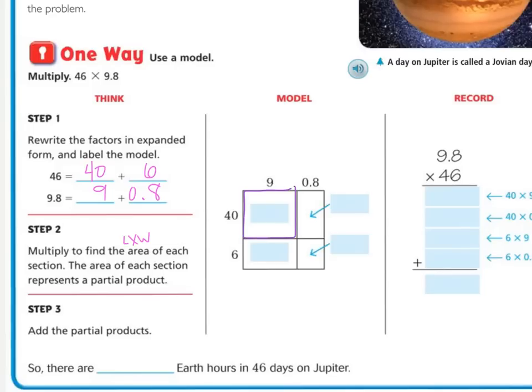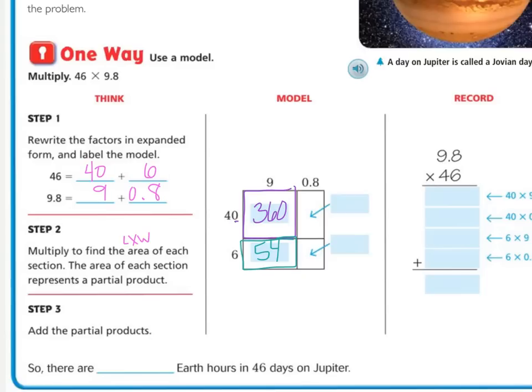9 times 40. Well, 9 times 4 is 36, and then my 0 we add, so that box is 360. And this box down here, it's still 9 and 6, so 9 times 6 is 54, so that's another partial product.